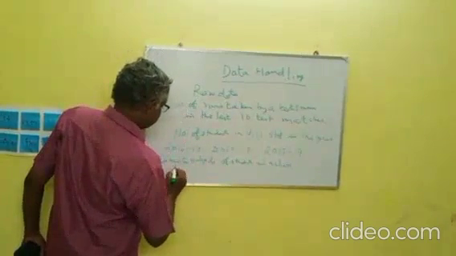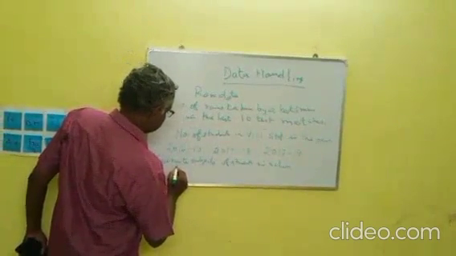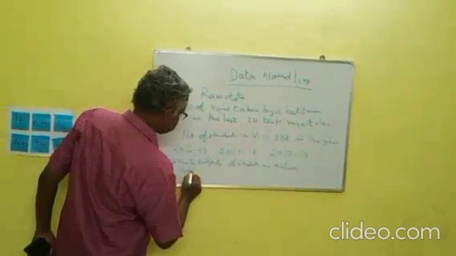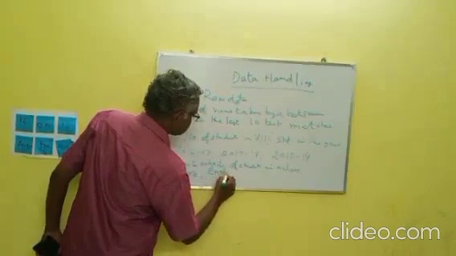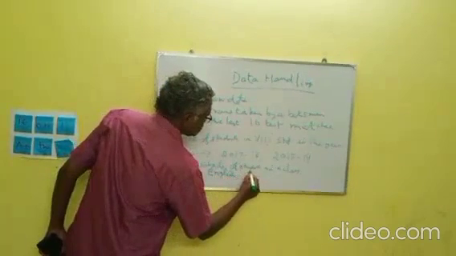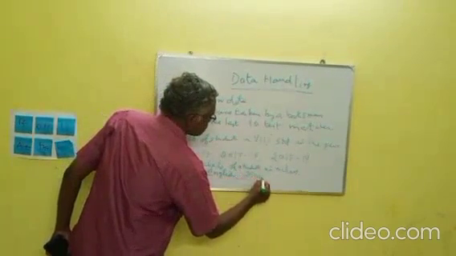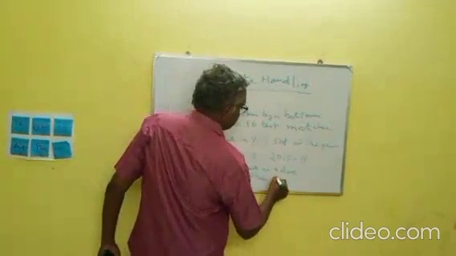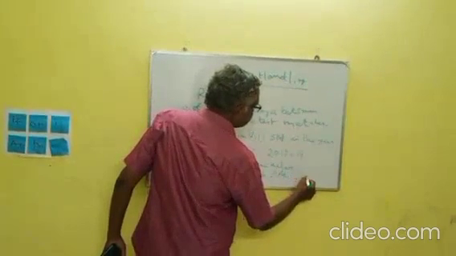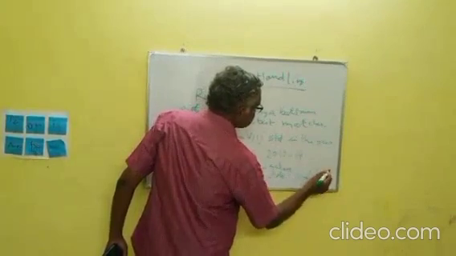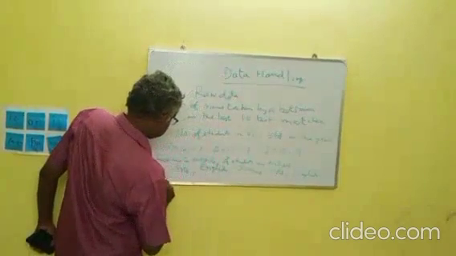The data may be as follows: arts, English, science, again arts, again English, again social science.